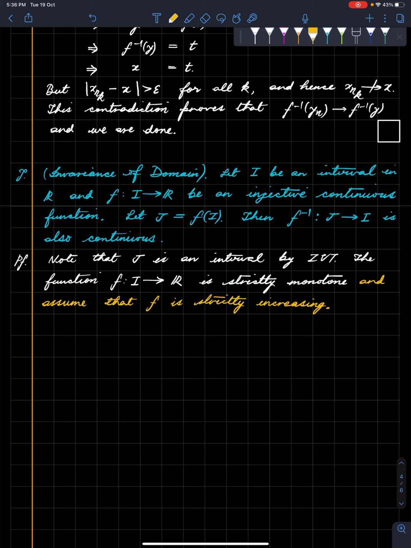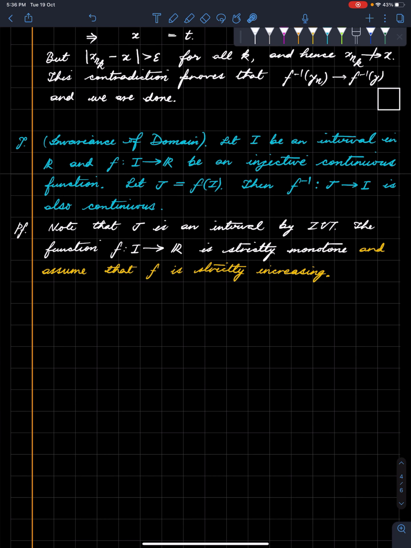So basically we need to make two cases. One is the case where f is strictly increasing, the other is when f is strictly decreasing. The two cases are perfectly symmetrical, so we'll just argue with this. We want to show that f inverse from J to R is continuous.